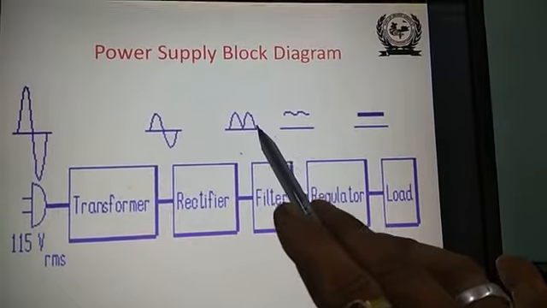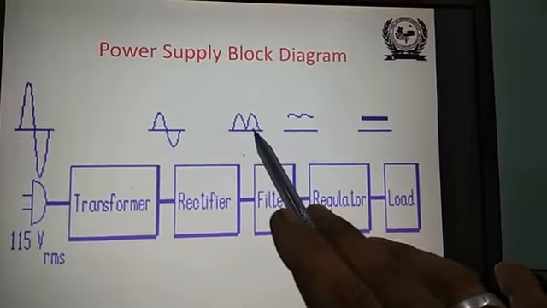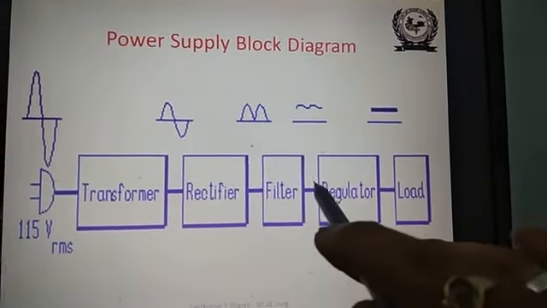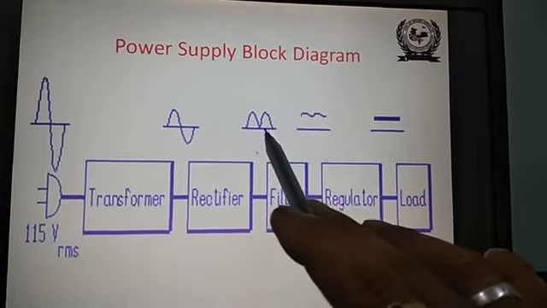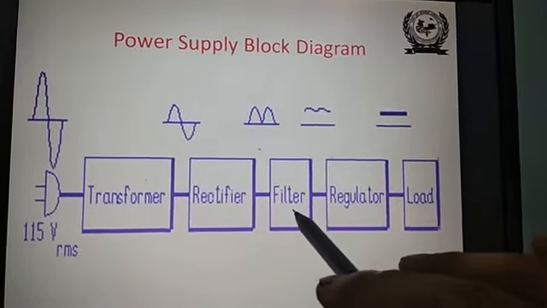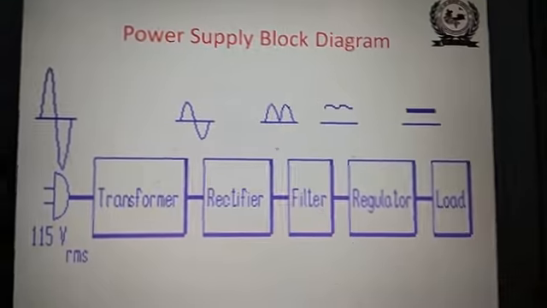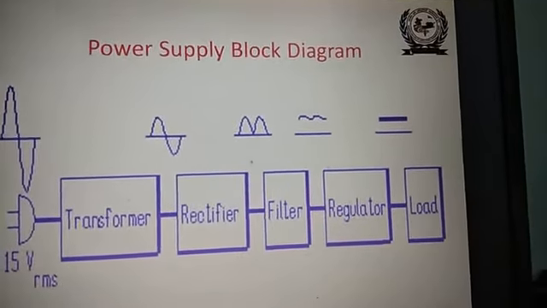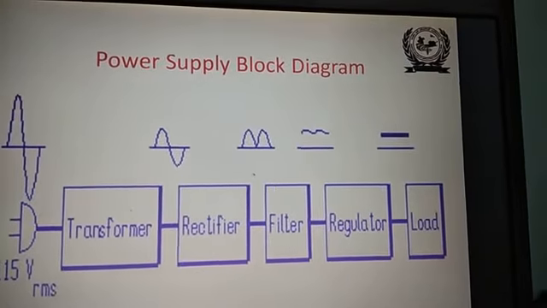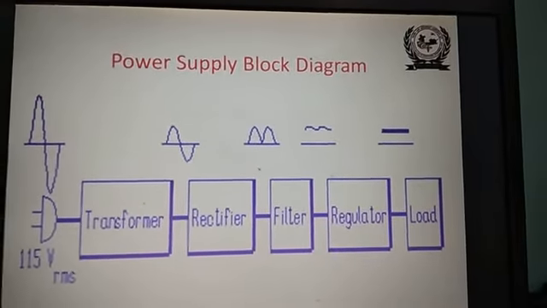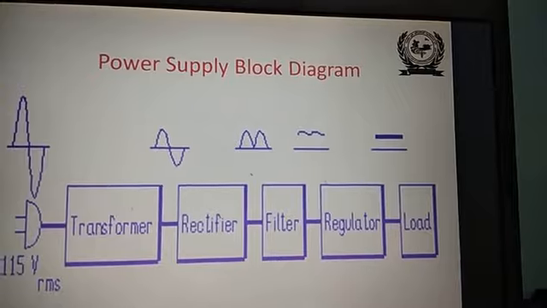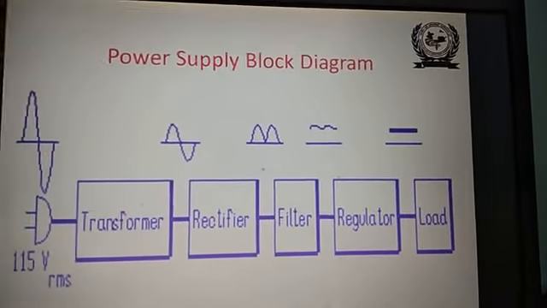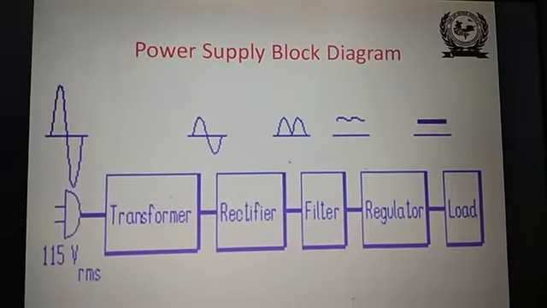Then to remove this AC nature, pulsating nature, that is the noise or the ripples, we use the filter. Many types of filters are there: the capacitor type filter, inductor type filter, LC type filter or CLC filter, pi filter.